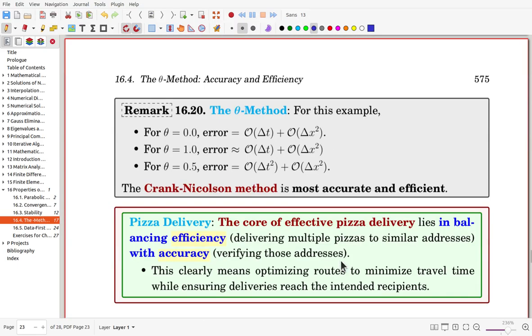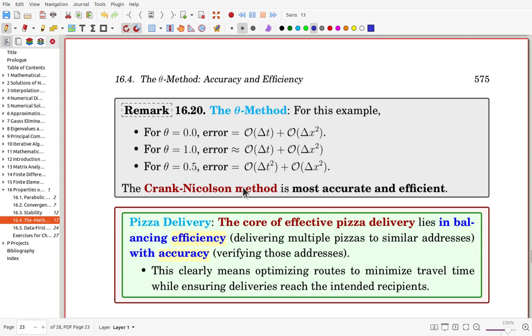Okay. Now here we have a summary. For the theta method, when theta is 0, the error in the time direction is first order. Of course, in the spatial direction, every method is second order, because we begin with this second order approximation for the spatial derivative.